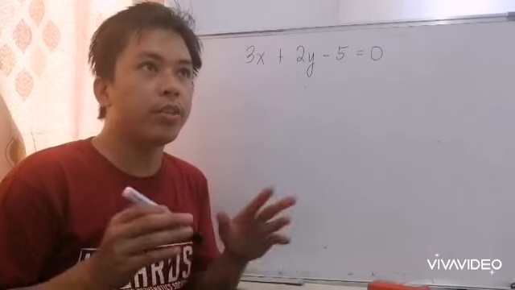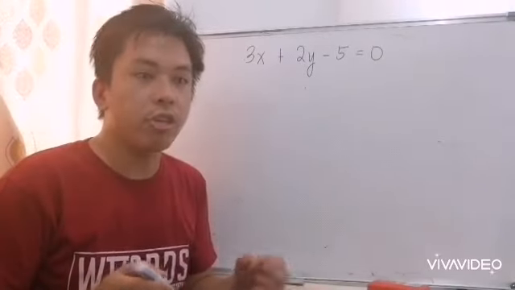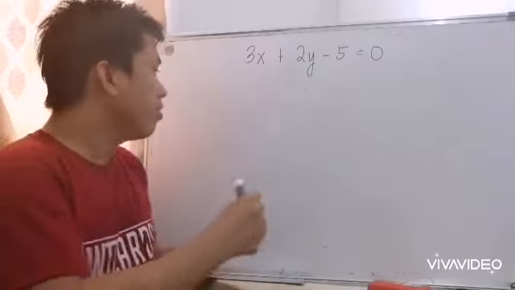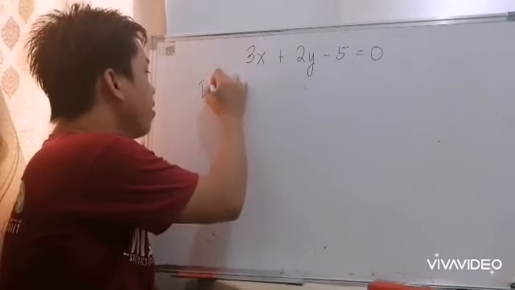Okay, now we are going to discuss a formal mathematical definition of those lines with respect to their corresponding slopes. Let's consider this definition.